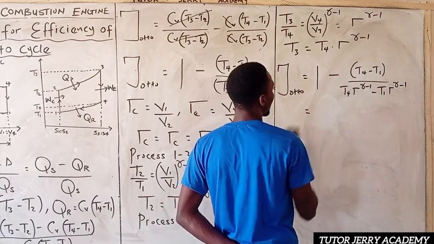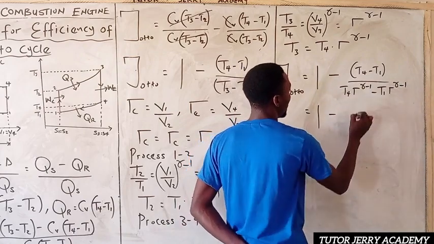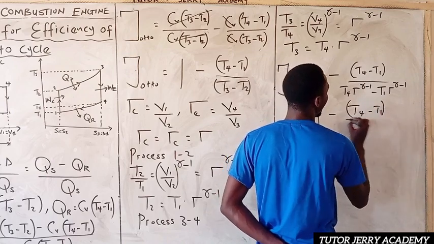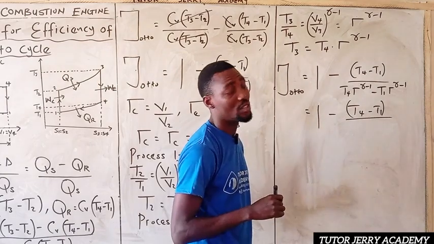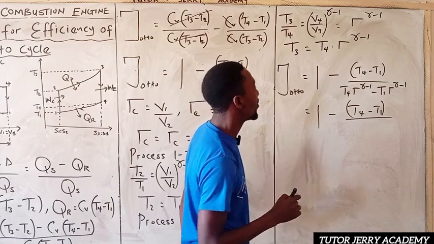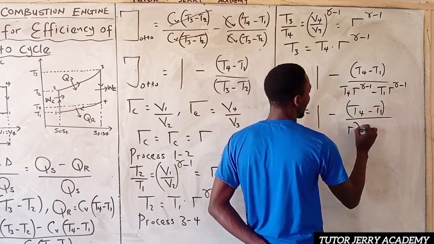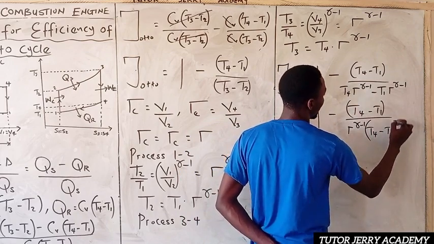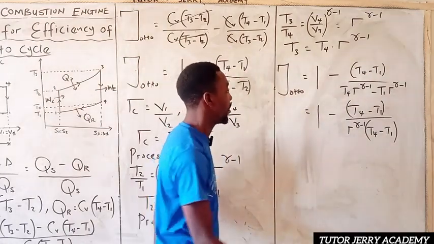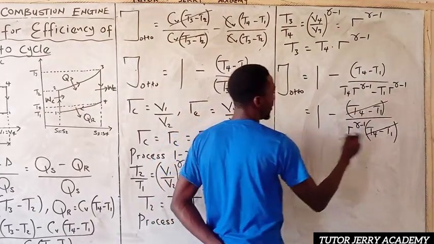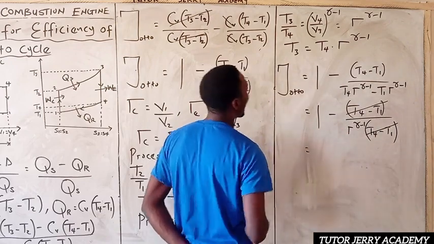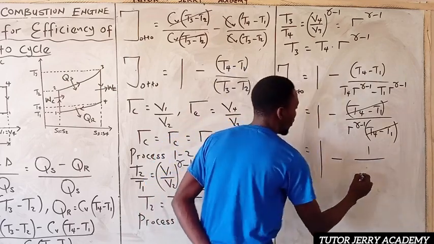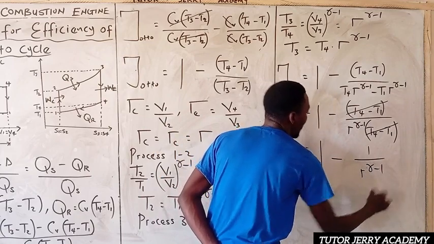So we can say this is equals to 1 minus T4 minus T1 all over, now if you look at this, something is common. Compression ratio to the power of gamma minus 1 is common. So let's bring it out. Compression ratio to the power of gamma minus 1 into, we are left with T4 minus T1. All right, I believe you are following. So now this one goes with this. So we'll be left with our efficiency of Otto cycle equals to 1 minus 1 all over compression ratio to the power of gamma minus 1.